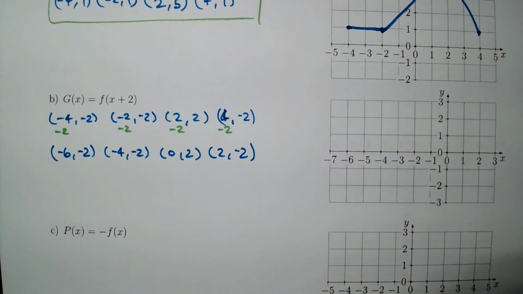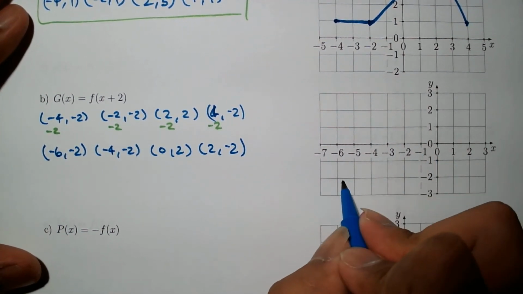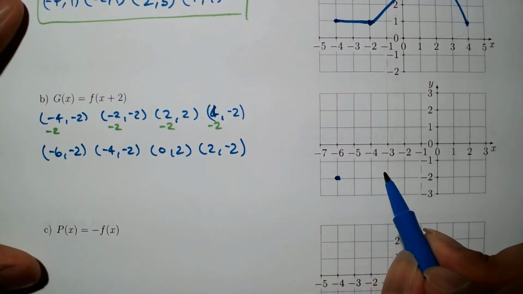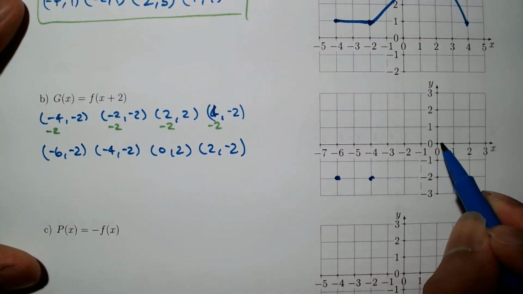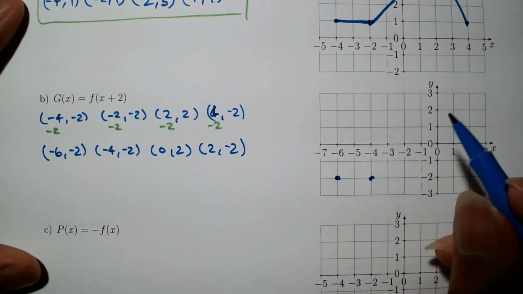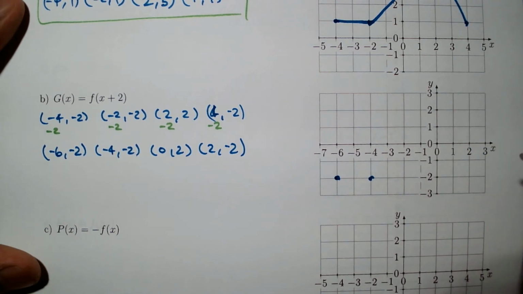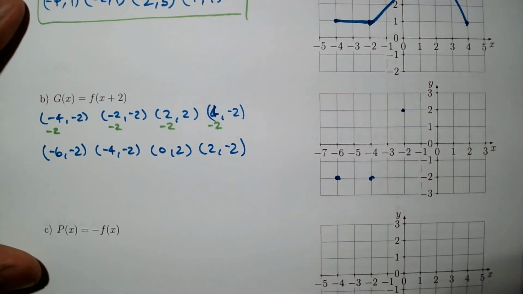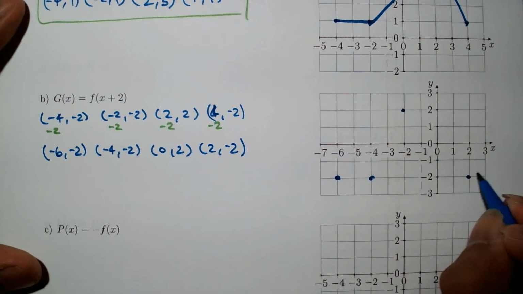All right. So we're going to have the points negative 6 comma negative 2, and then negative 4 comma negative 2, 0 comma 2, and 2 comma negative 2.